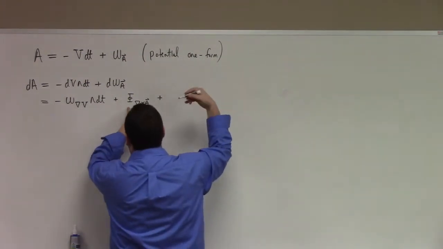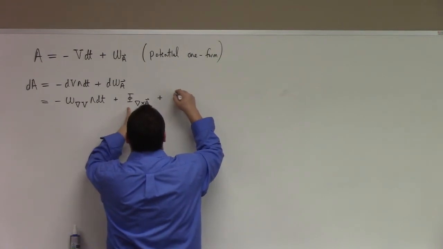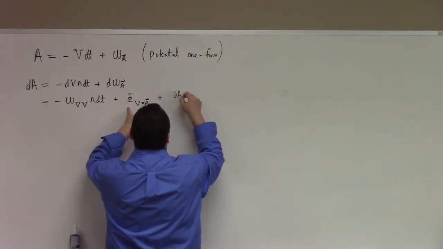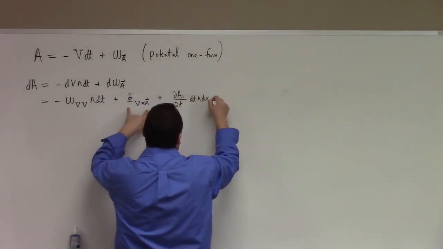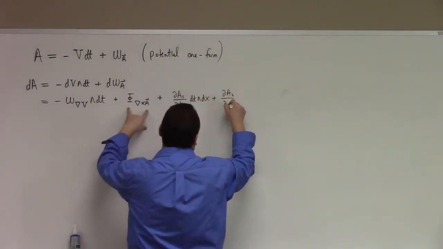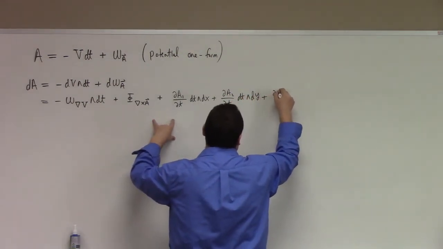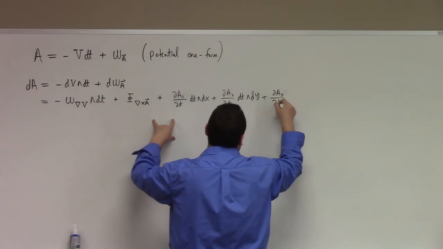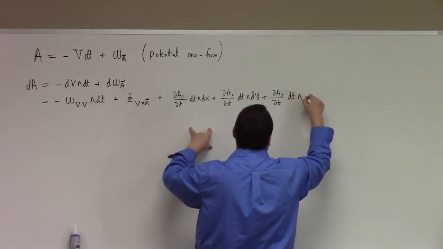I've neglected partial A1, partial t dt, wedge dx, plus partial A2, partial t dt, wedge dy, plus partial A3, partial t dt, wedge dz.